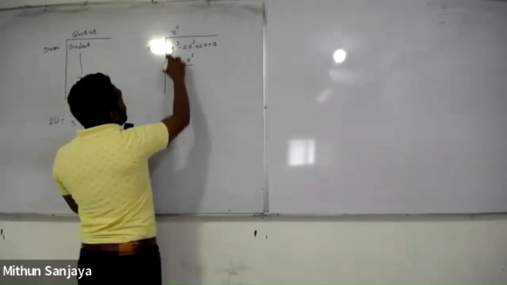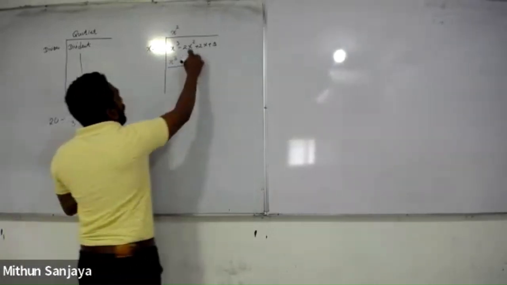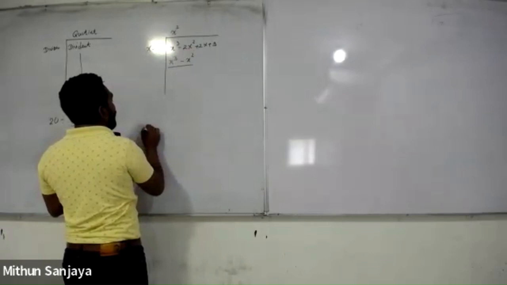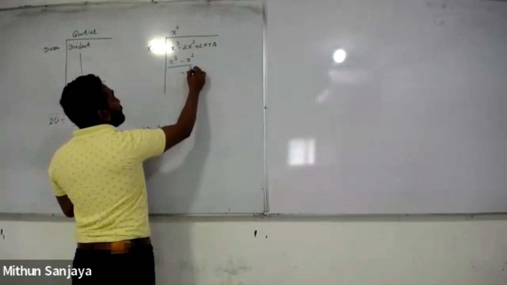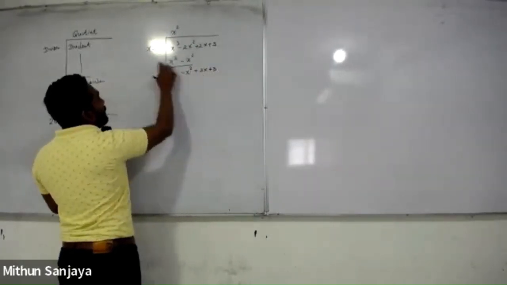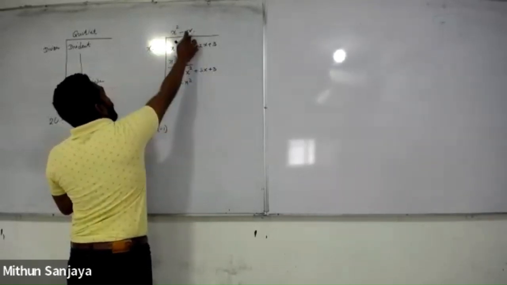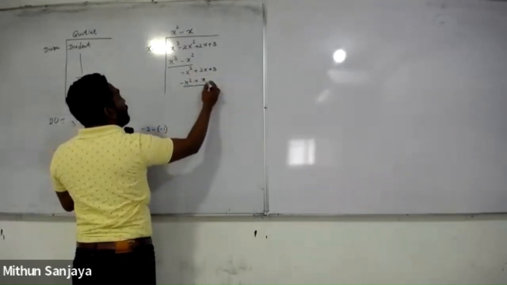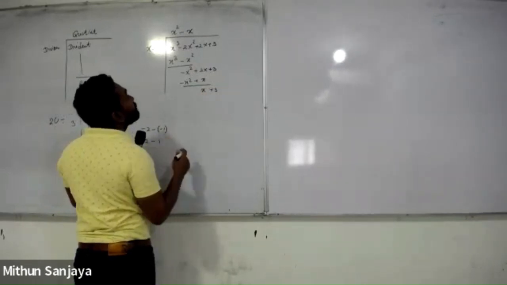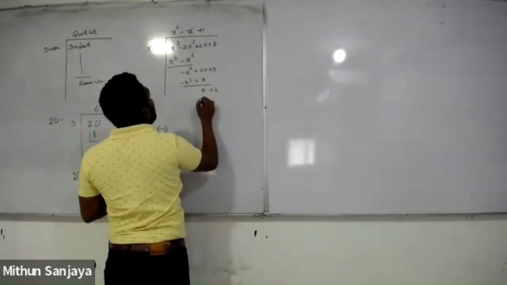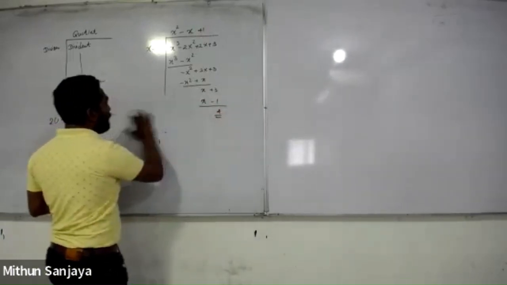Then minus x squared divided by x is minus x, and continuing, we get x plus 3, and then x minus 1 goes into this with 4 left over.